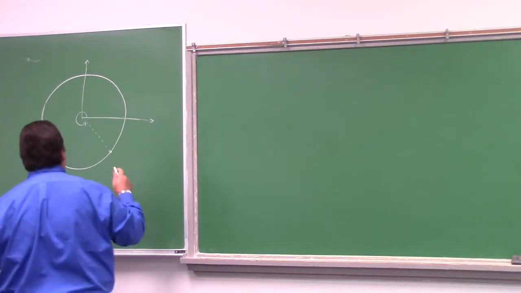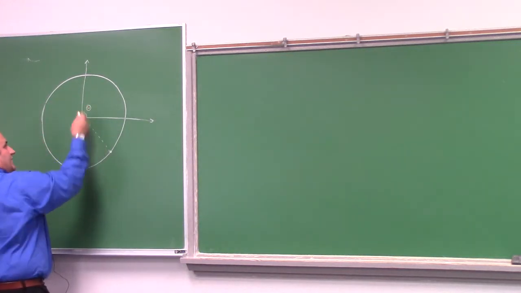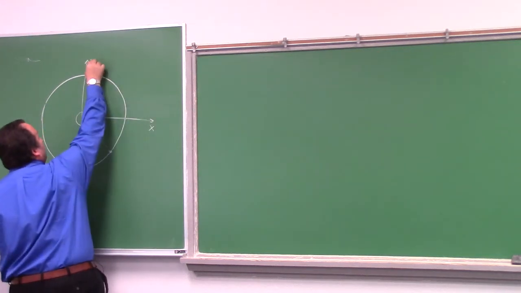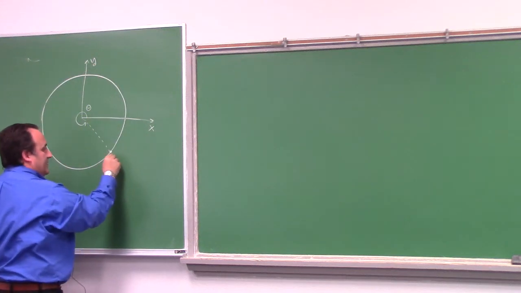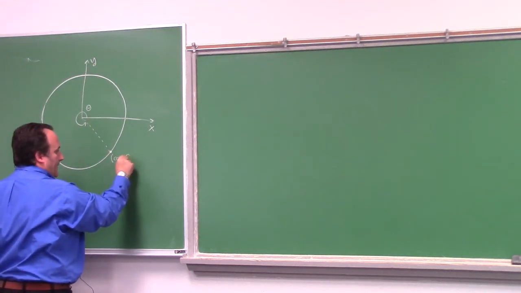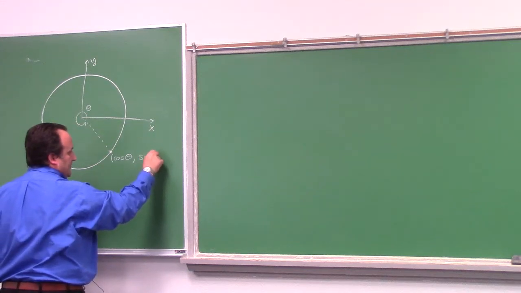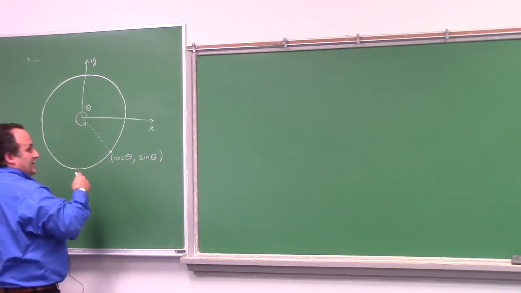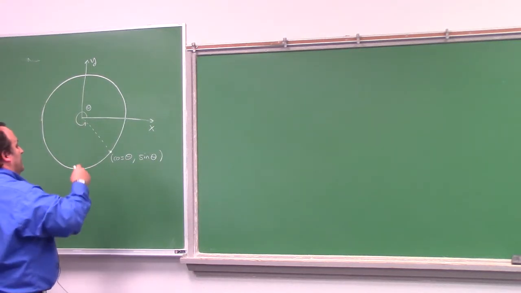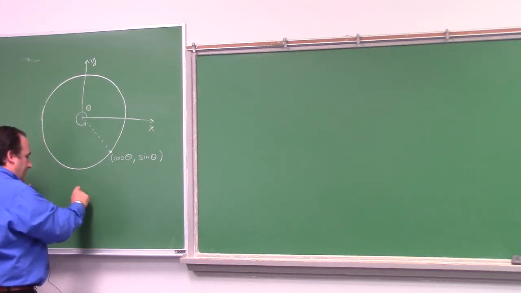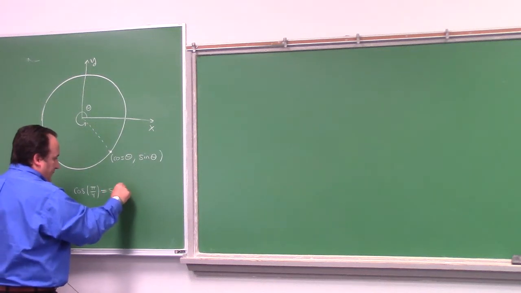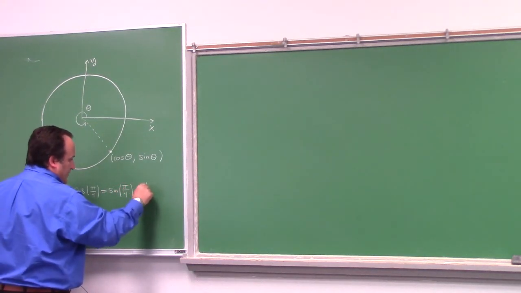Anyway, so the standard angle theta, measured counterclockwise from the positive x-axis. This point right here has coordinates what? Cosine theta, sine theta. Last time, we figured out that the cosine of pi over 4 is equal to the sine of pi over 4, which is equal to 1 over root 2.